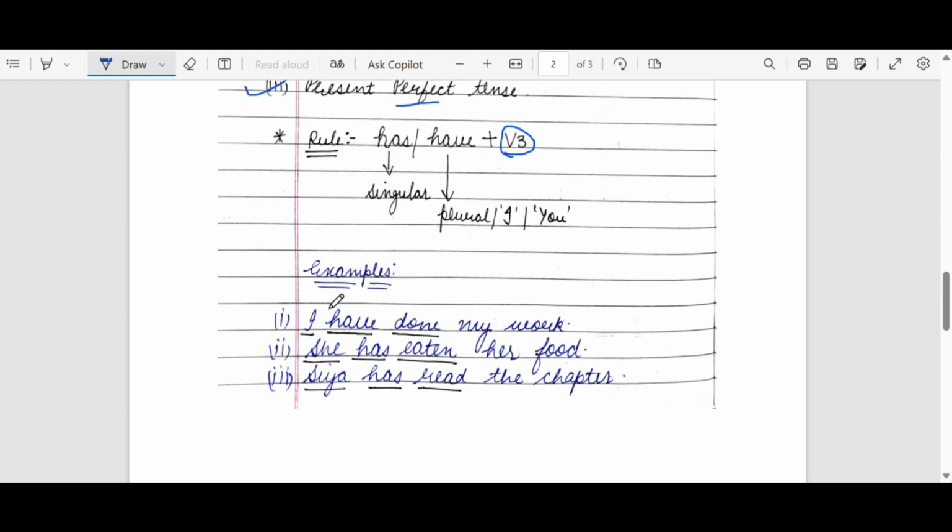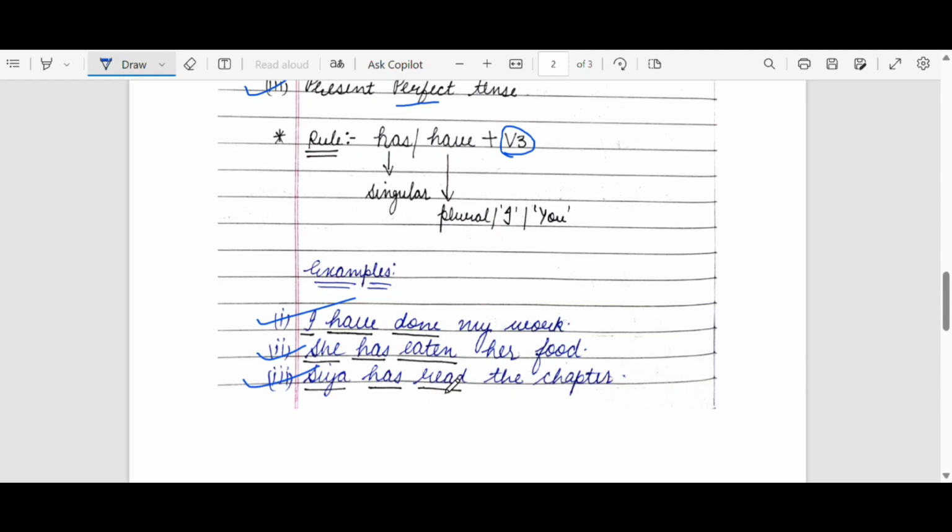It works like that. Let us see some examples. First example is I have done my work. Again, with I we use have. Done is the V3 of do, my work. Second, she has eaten her food. She is singular. We have used has. Eaten is the V3 of eat, her food. Sia has read the chapter.